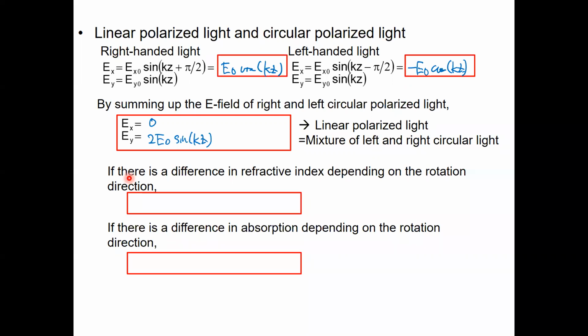If you use the circular polarized light, and you observe the refractive index difference depending on the rotation direction, left-handed refractive index and right-handed refractive index, this is called optical rotation.